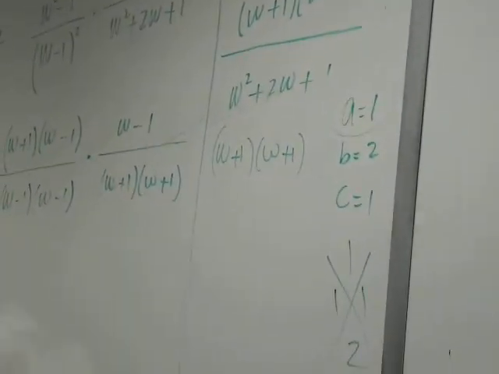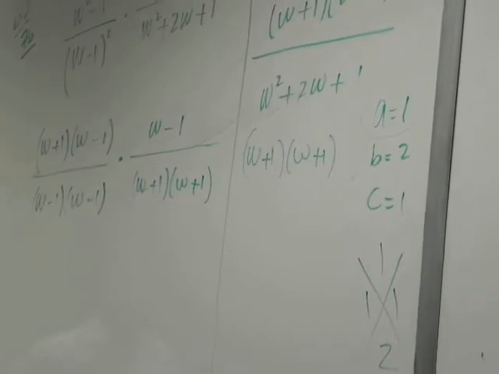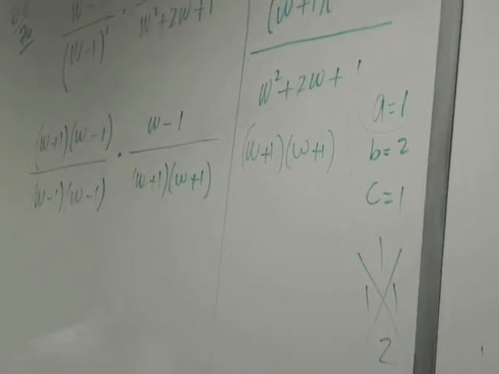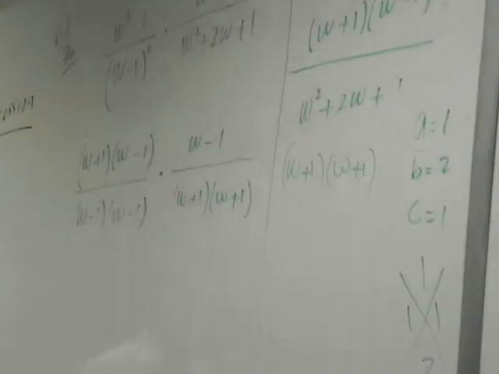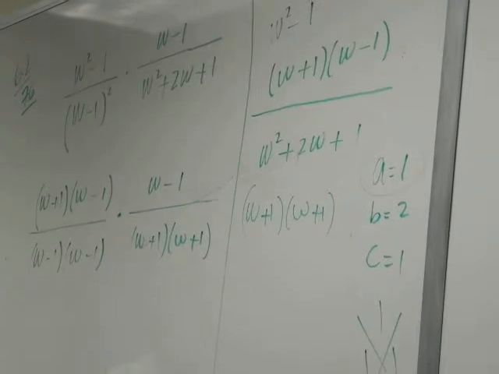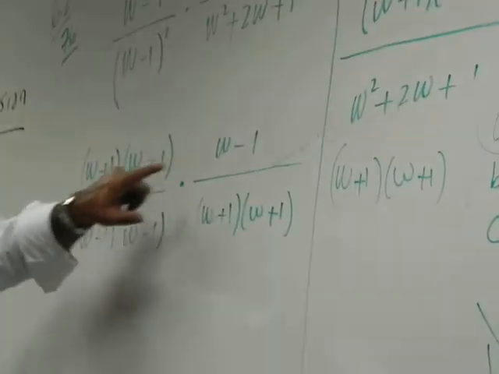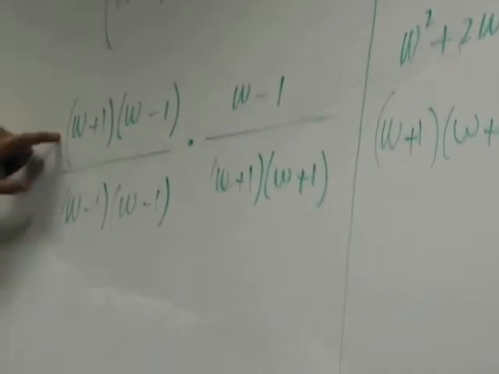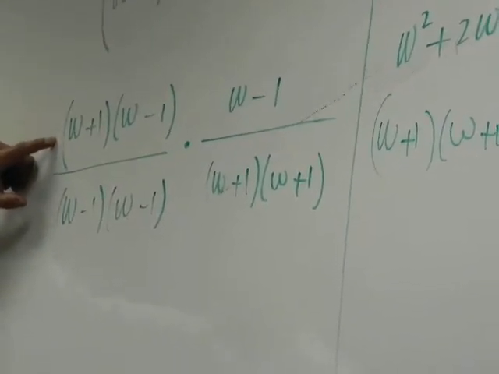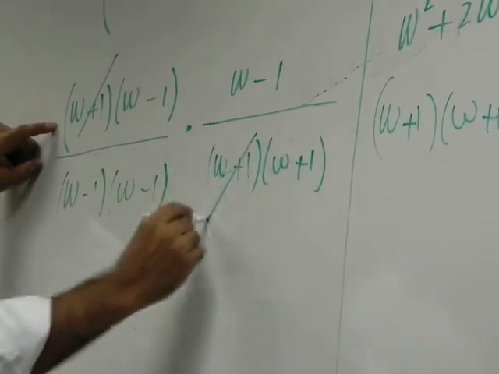So everything is now written in the form of a factor. Now we're going to see which ones we can simplify and cancel, and that's how we start this problem. Any questions so far? Alright. At the top we have w plus 1, w minus 1, and w minus 1. Let's take a look at w plus 1. Do we have anything else we can cancel it with? Yes, so one of this, one of this.